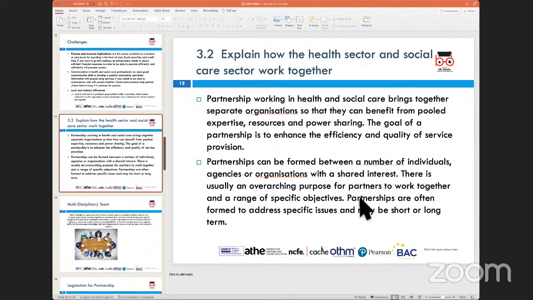This working together delivers coordinated care planning, looking at the transitions between receiving services from hospitals, rehabilitation or rehab centers, as we call them, or care homes. This involves both sides working together to deliver services that meet the requirements of the patient.